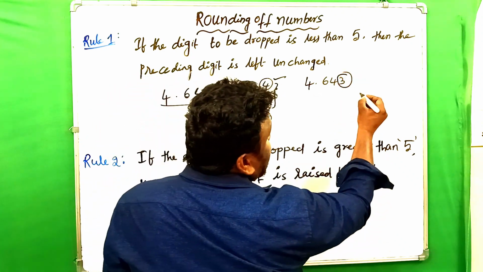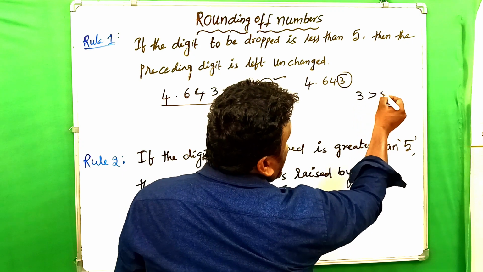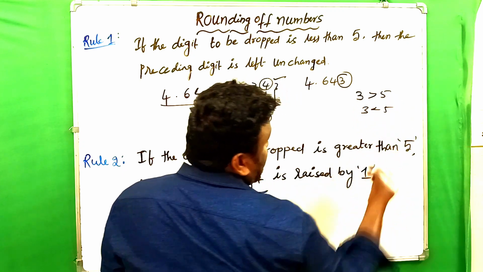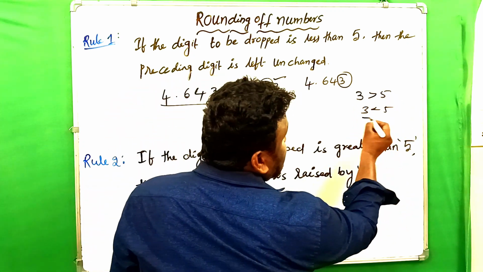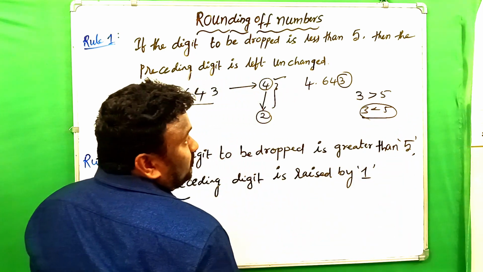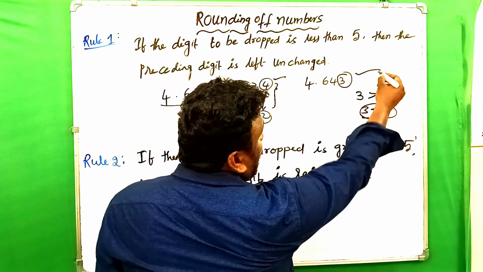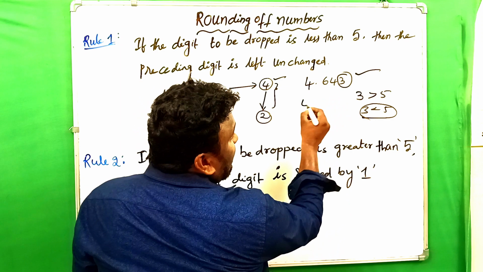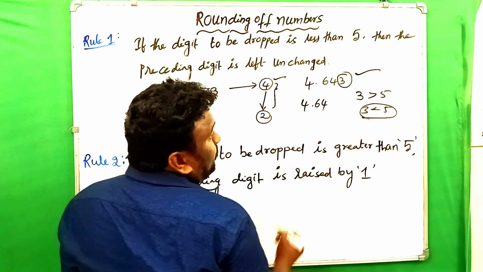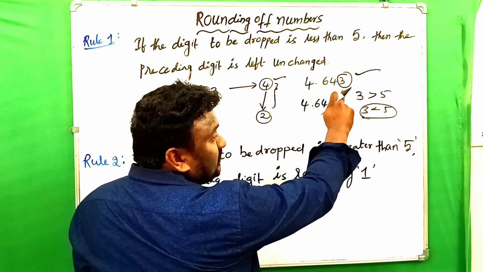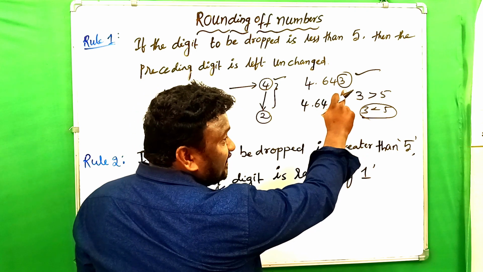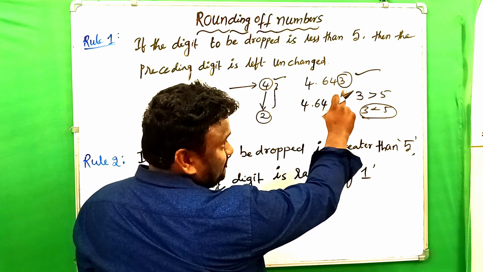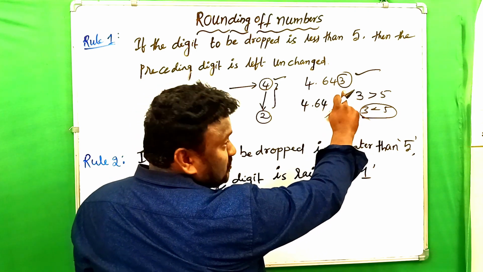We check whether 3 is more than 5 or less than 5. The 3 is less than 5, so it is simply omitted, and we can write 4.64. 3 is dropped because it is the most insignificant.